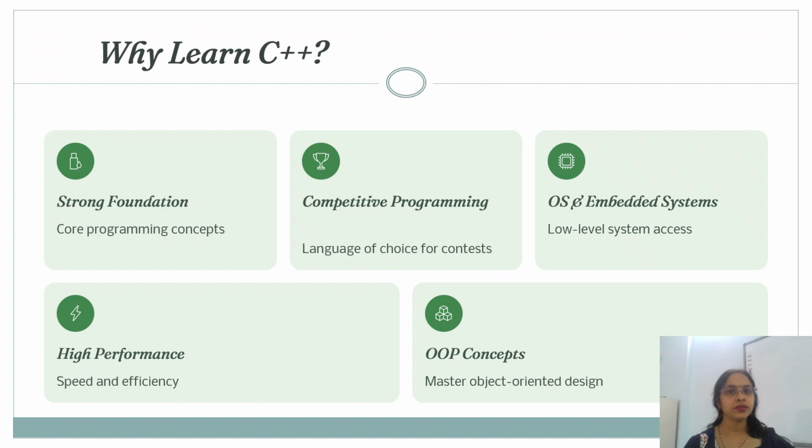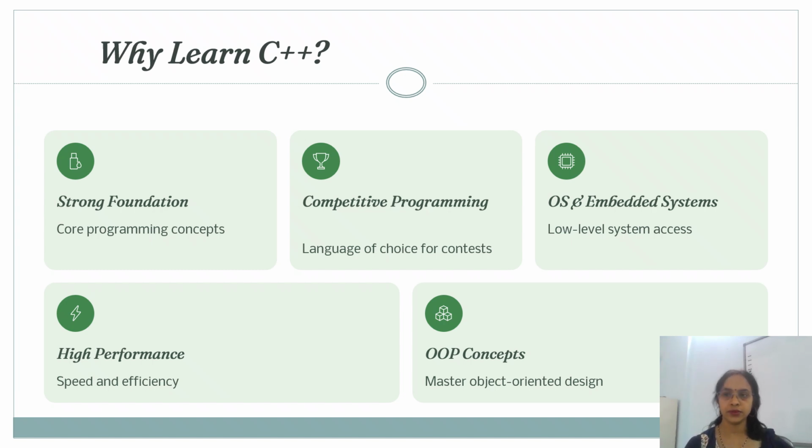Fourth, it offers high performance and speed. And finally, it teaches the core object-oriented programming concepts like encapsulation, abstraction, inheritance, polymorphism. These are the four pillars of C++, as we already taught in the previous video lectures. So learning C++ makes your programming base very strong.